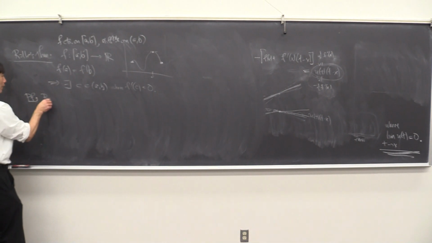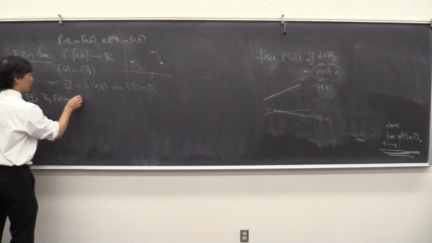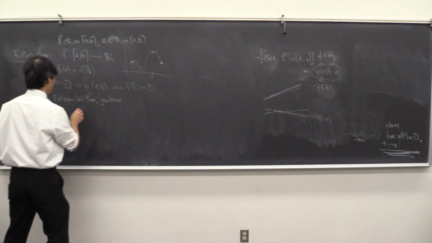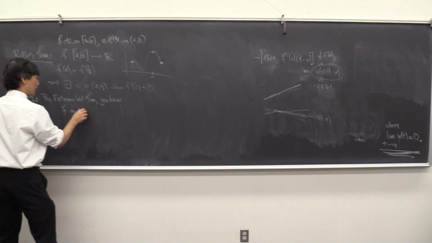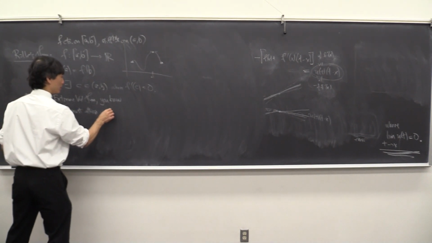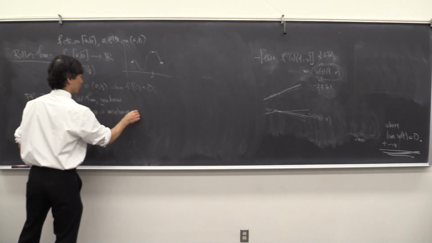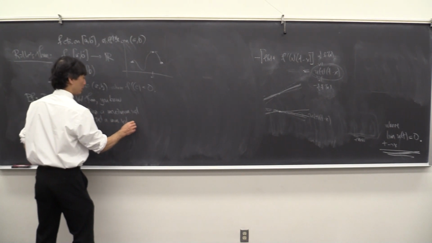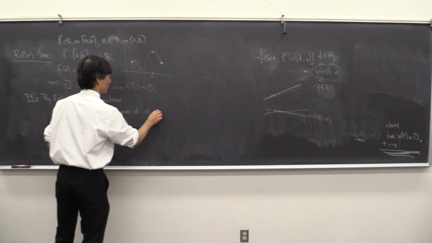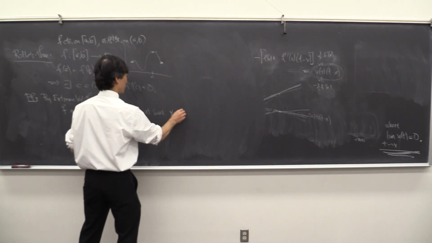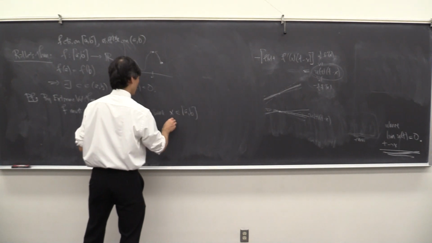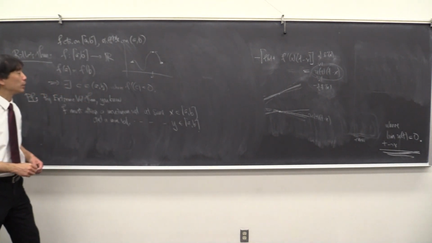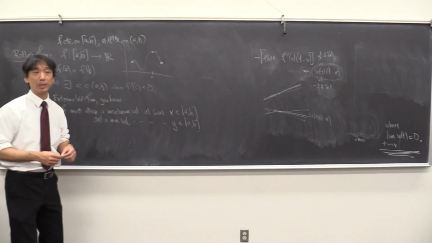By the extreme value theorem, you know that f must attain a maximum value and a minimum value at some points. At some point x in [a, b] and at some point y in [a, b]. So you know that it's got to attain a max somewhere and a min somewhere.